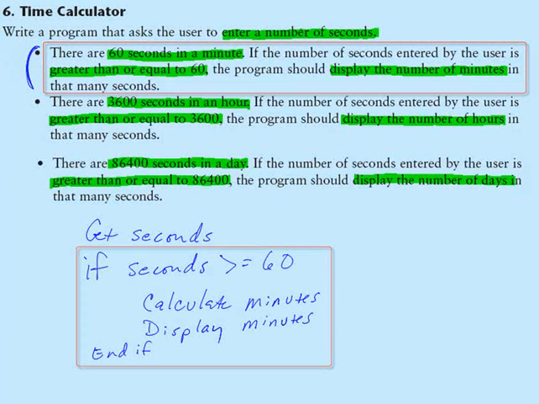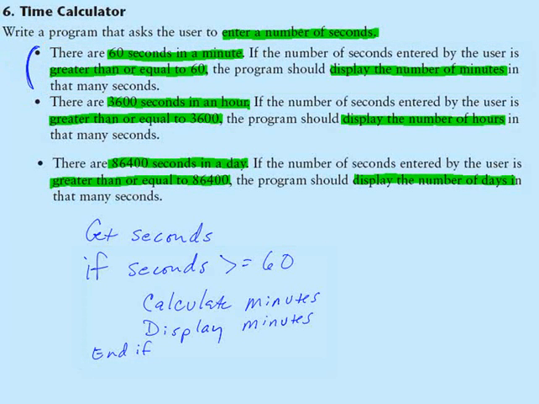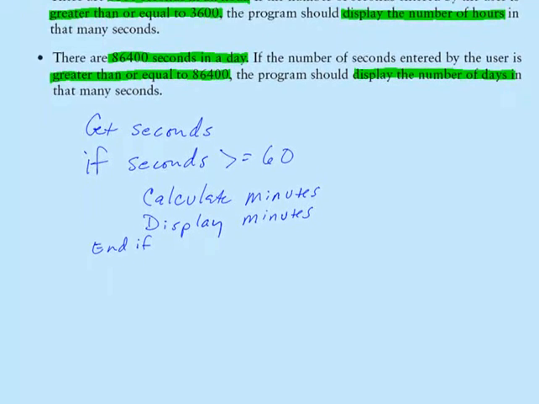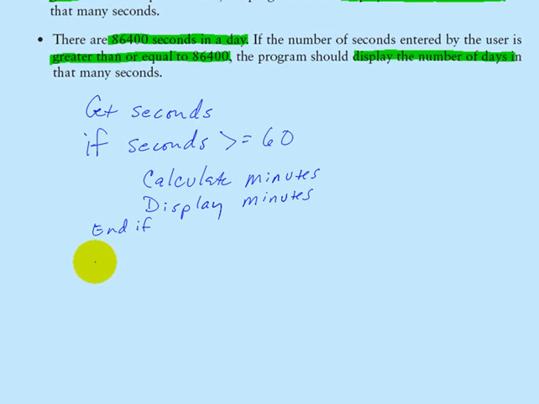Now the next requirement is that we display the number of hours in the number of seconds if the number of seconds is greater than or equal to 3,600. So we're going to have another if statement.